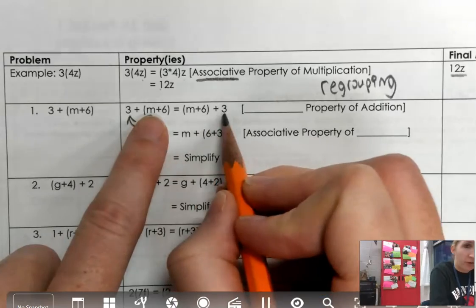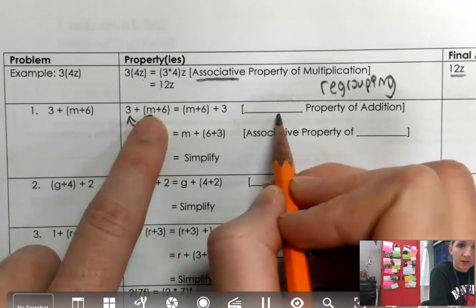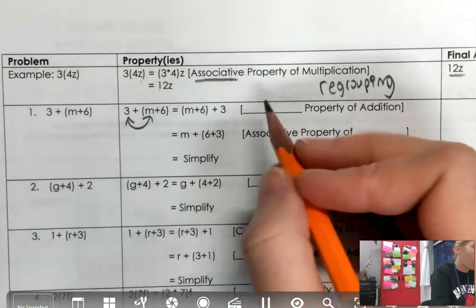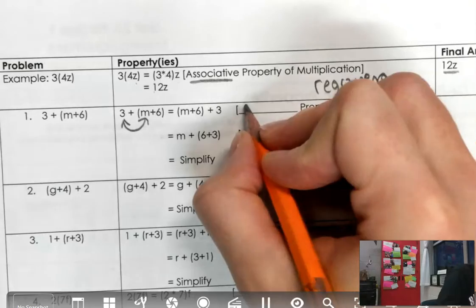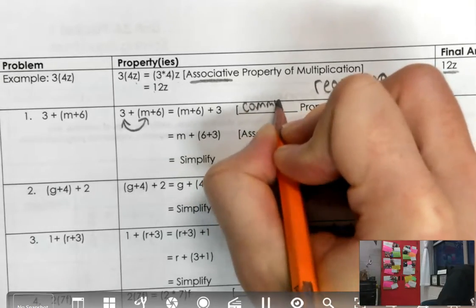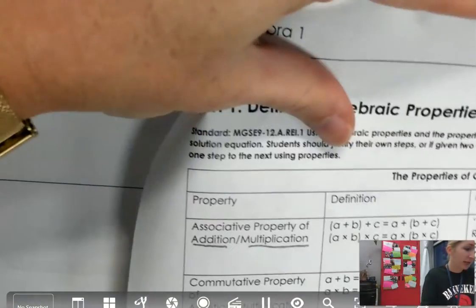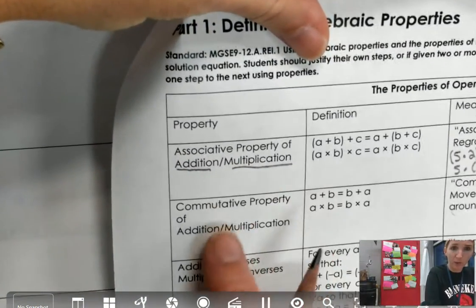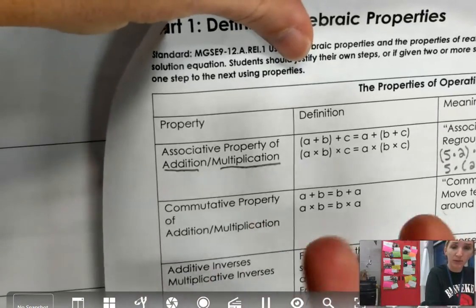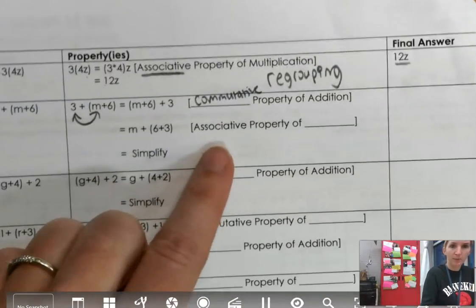You see how we put the m plus 6 first and then the 3? So if we're changing the order, remember we're moving things around, that's commutative. We basically got those two properties of addition and multiplication. Associative is regrouping, commutative is moving them around. All right, so we got commutative property of addition.